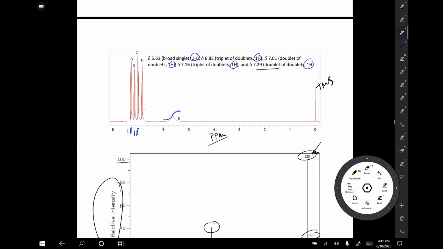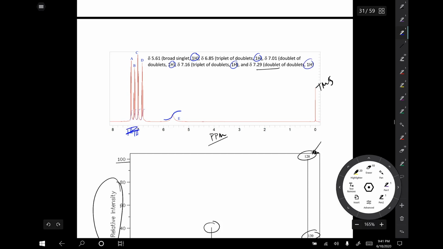You might have an example though, and this is theoretical, if you have something that's 1 to 2 to 1 to 1 to 1, okay? But let's say your chemical formula has 12 hydrogens, but the integration says 1 to 2 to 1 to 1. What are you supposed to do?